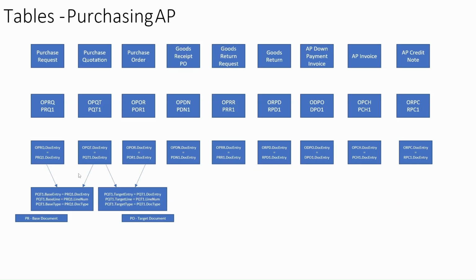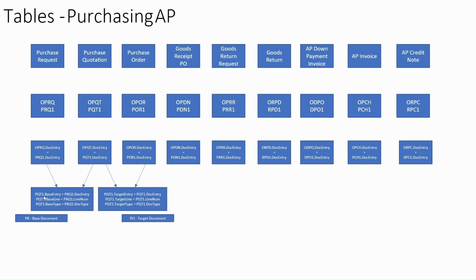For example, purchase quotation and purchase request. If a purchase quotation is created from the purchase request, then in the purchase quotation table, the base entry is equal to the doc entry of the purchase request.